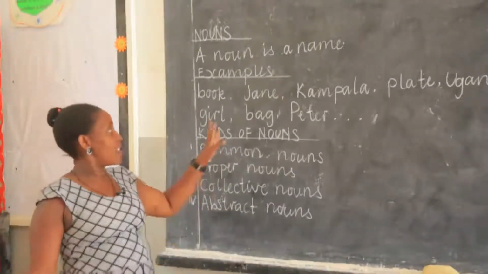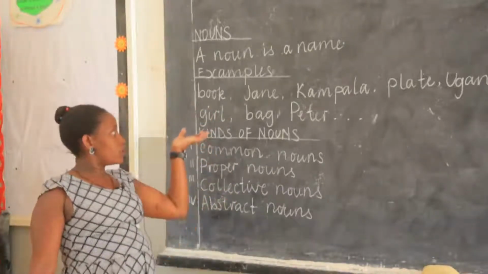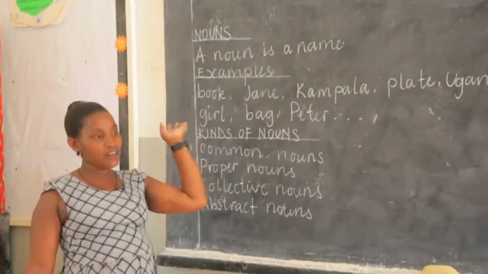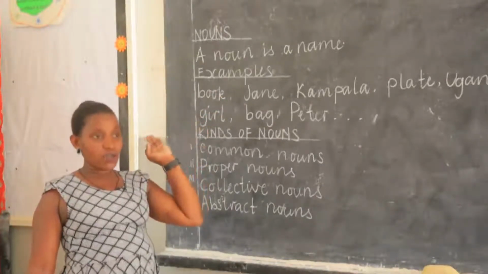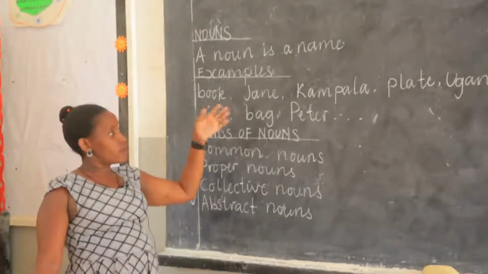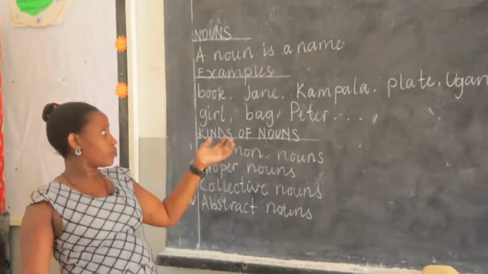For example, here I've given just a spoonful of nouns, but we have very many of them. Whatever you can name, whatever you can call, it is a noun. So I've just given you an example, and I said book. Book is a noun.